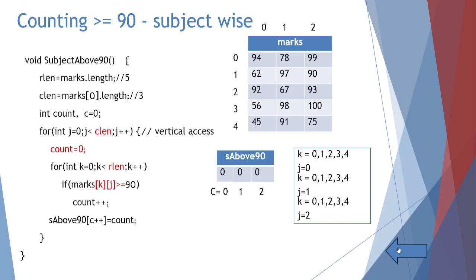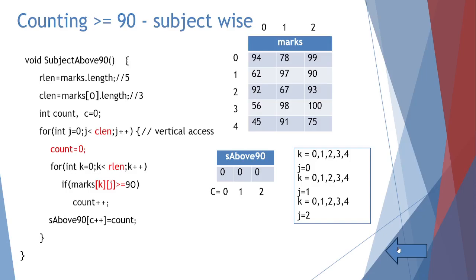Clen means 3 times it has to work, outer loop. And then the inner loop, if you see, k equals 0, k less than rlen, that is 5 times. So for each j, k works 5 times because each column has 5 elements. This is how vertical access happens.